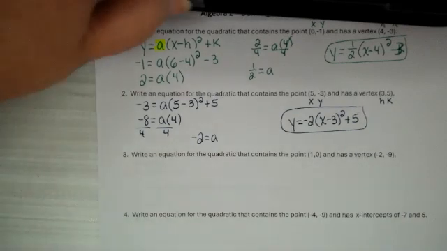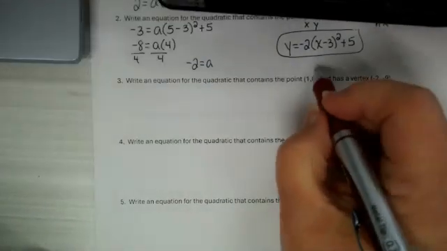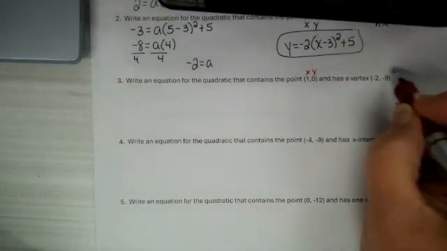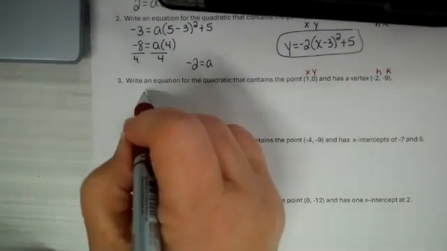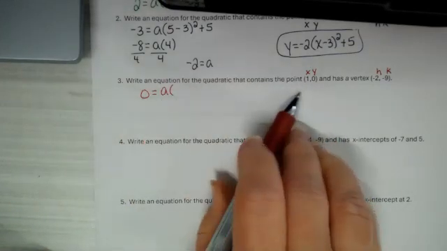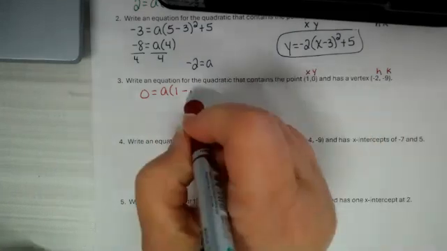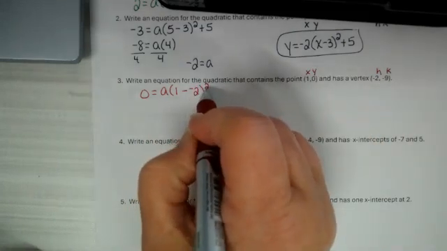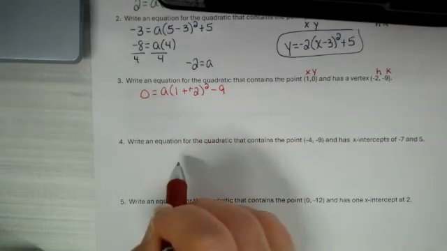So number 3 is the exact same thing, a point and a vertex. So I'm just labeling mine so it helps me when I substitute. y, 0 equals a, I don't know, x is 1, minus -2. So 1 minus -2 is, of course, going to become plus 2, minus 9.